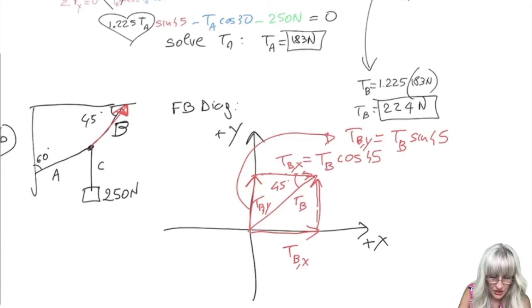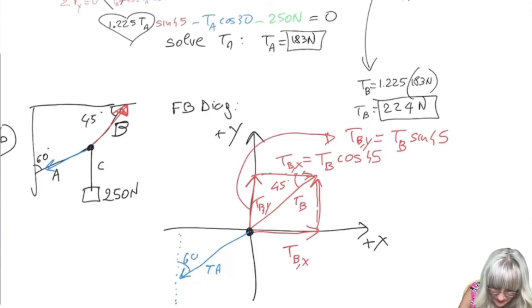Let's do T of A. T of A is right here, right? So this knot will be right there. So T of A, not to scale, will be like that. This is T of A. And I know that this angle right here with the wall will be 60 degrees.